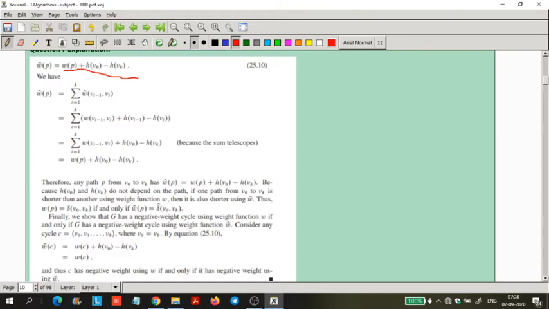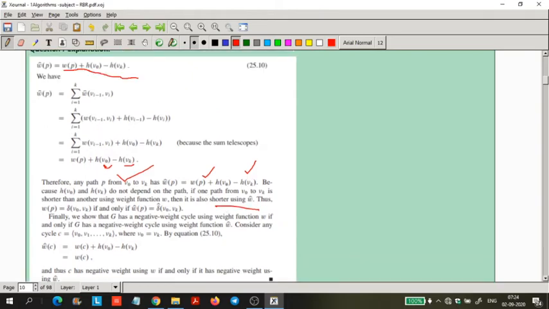Here the path p from v naught to vk has weight w of p plus h of v naught minus h of vk, because h of v naught and vk do not depend on the path. If one path from v naught to vk is shorter than another using the weight function w, then it is also shorter using w dash.